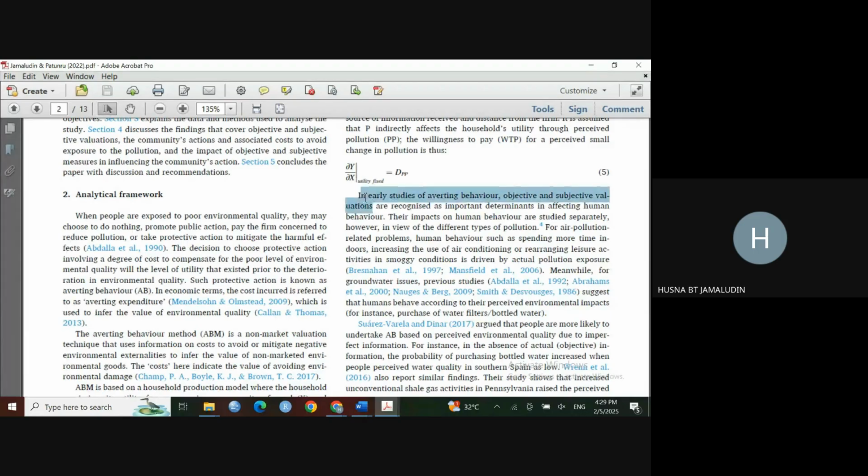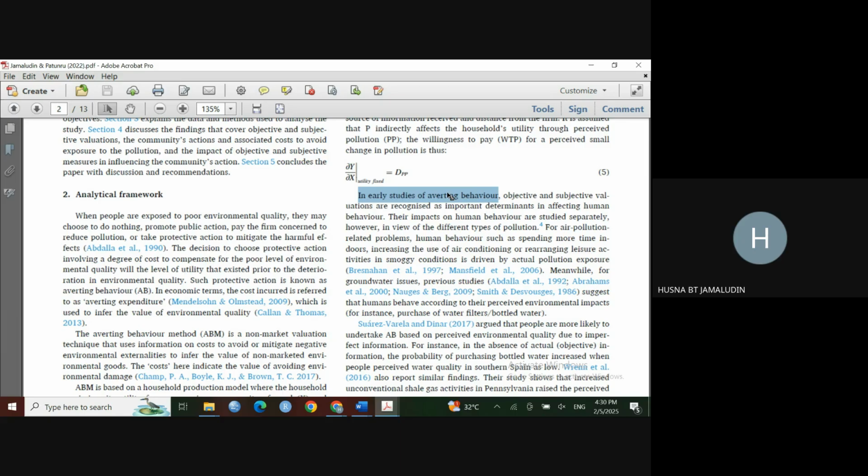In the early studies, they thought that objective and subjective evaluations were separate. Some studies said that only actual scientific data will affect people's behavior, for example, if they are exposed to air pollution, whether they will stay at home or use air conditioning. So in their studies, they only looked at either actual data or perception, studying them separately. No study had combined the impacts of actual and subjective on people's behavior.